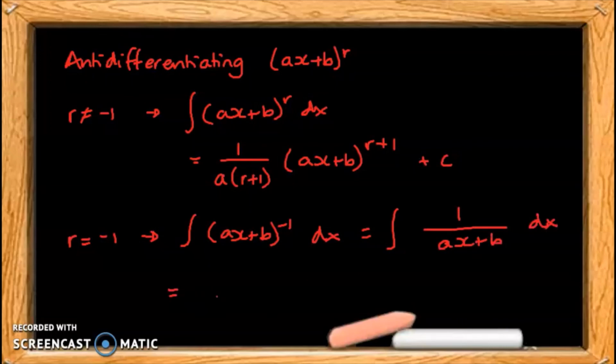And my answer is a log, and it's going to be 1 over a log base e of modulus ax plus b plus my constant. And these modulus lines are here to make sure we can deal with the fact that this ax plus b could be negative. And that's how we anti-differentiate that type of expression.